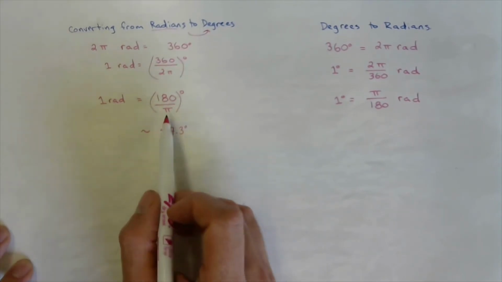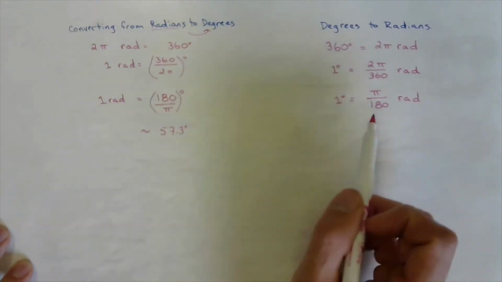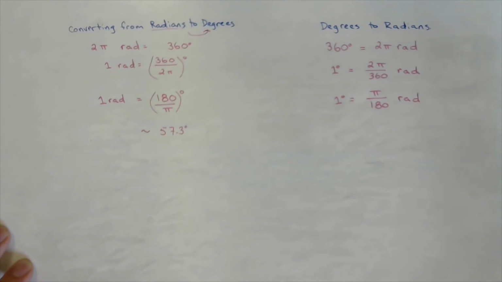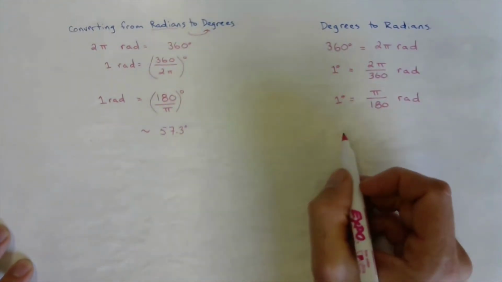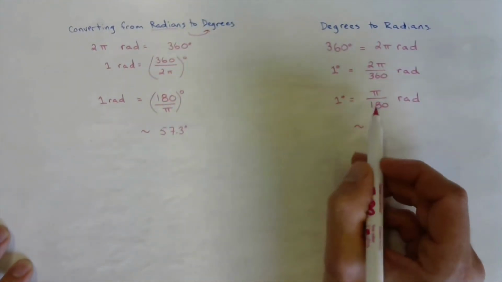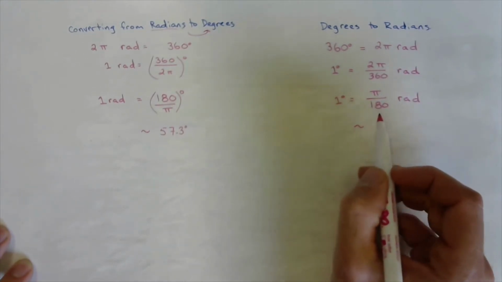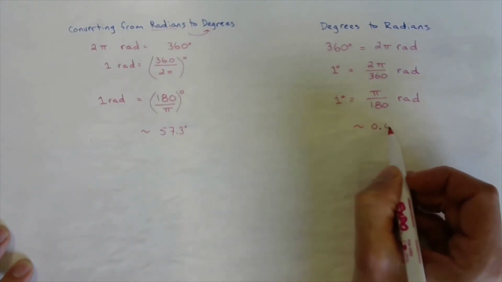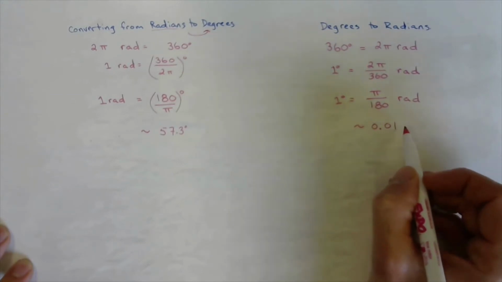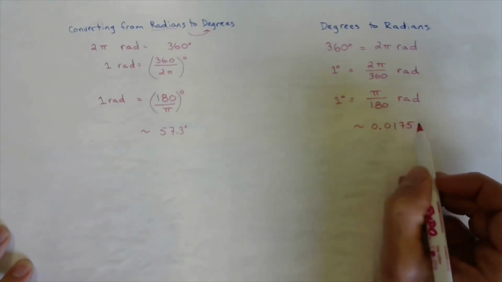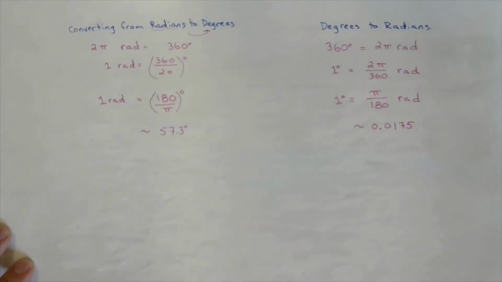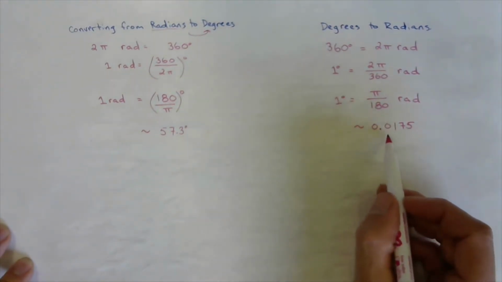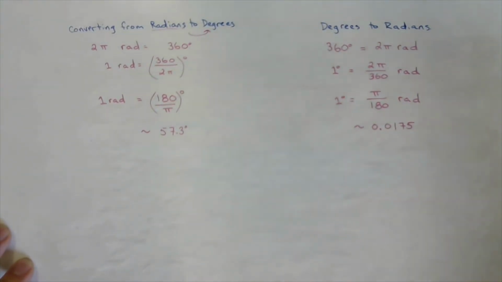In conversions, you'll be using these formulas appropriately rather than estimating. And then also helpful to know that 1 degree, what is pi divided by 180 actually? Well, it's about 0.0175. Okay, so it's a small number measured in radians.